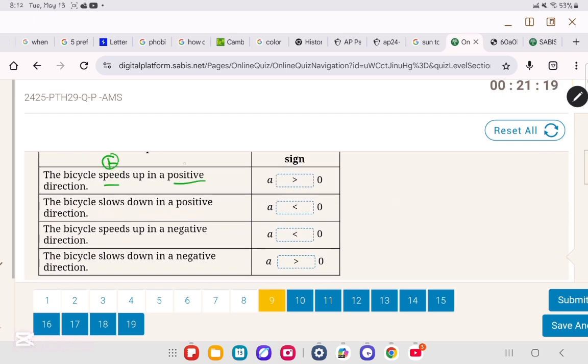Positive times positive, you're going to get a positive number. Minus times plus, you're going to get a negative number. Plus times minus, you're going to get negative. Minus times minus, you're going to get a positive. So just take it like this.